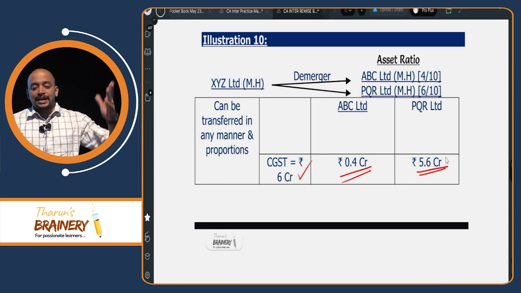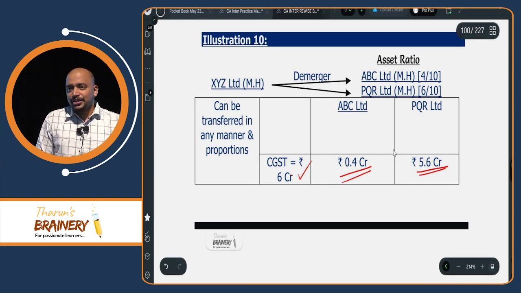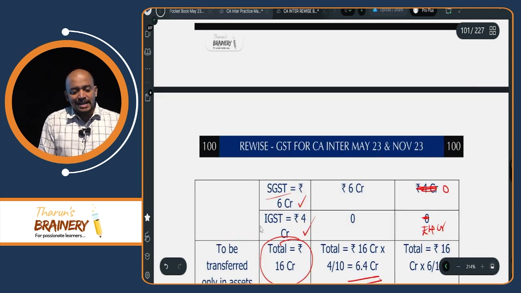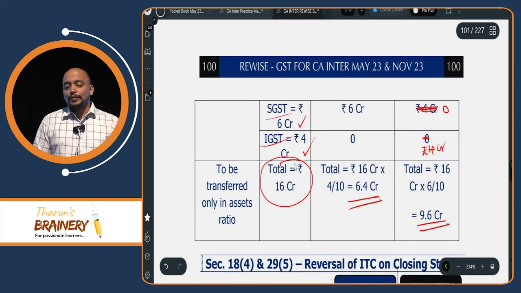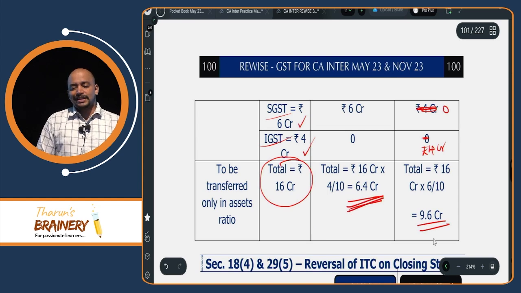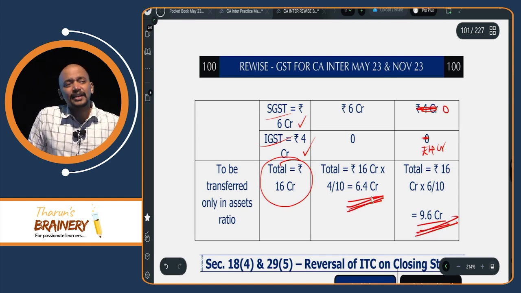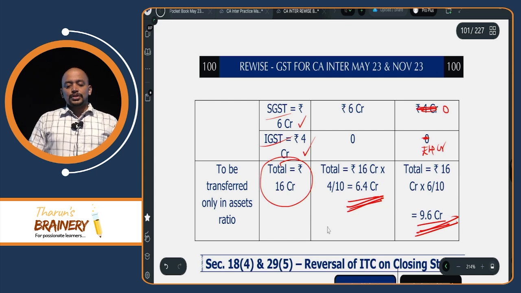No. I can distribute what? So any ratio I can distribute CGST, SGST, IGST. But the overall should be 4.6 and 9.6. Clear here? So in 4:6 ratio, I need to distribute.